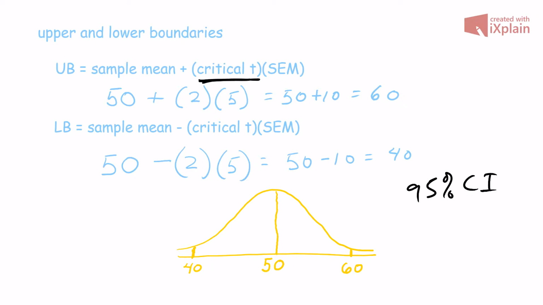If you want to have a 99% confidence interval, then that's going to cause you to use a different t critical value. This should give you the basics for how to conduct confidence intervals, and then the details will come through in the activity that you're about to do.